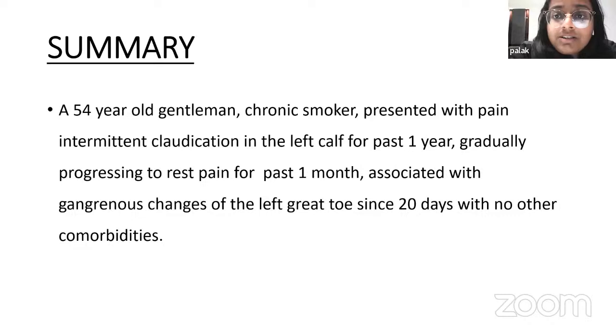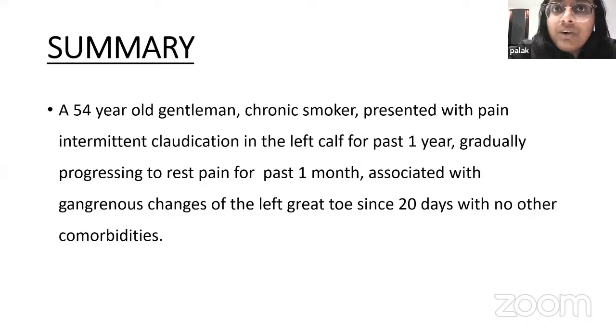It says that the age of the patient should be less than 50 years. Very good. The patient should have a smoking history without presence of any other risk factors. Very good. And there should be involvement in the upper limb or the veins, in the form of superficial thrombophlebitis.